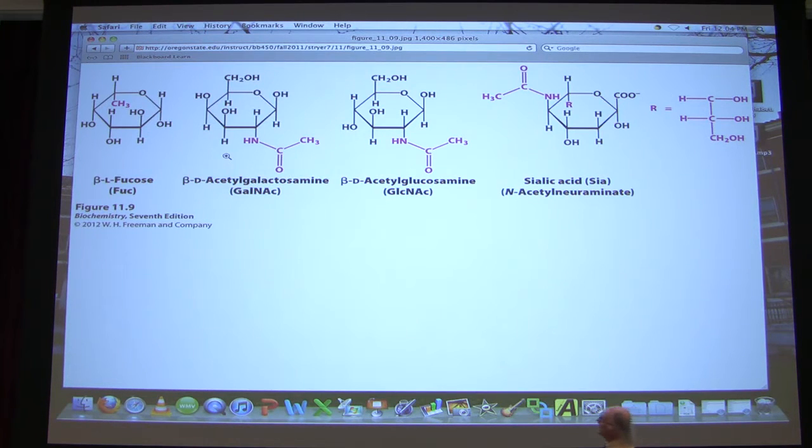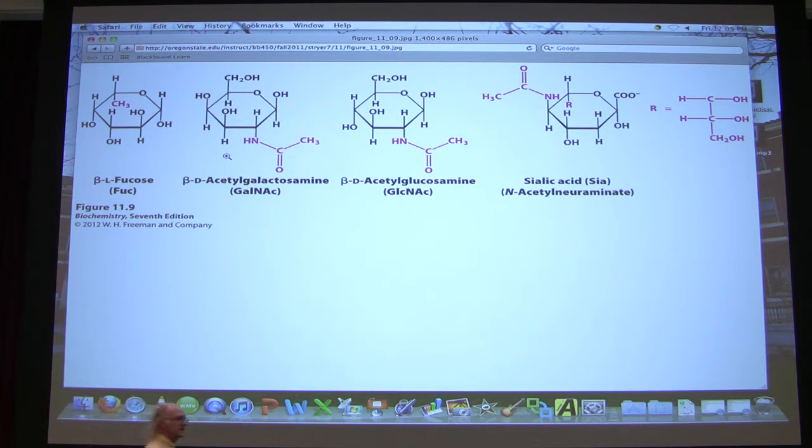There are quite a variety of modifications that can happen to sugars, and no, I'm not going to ask you to know all of these in any stretch of the imagination, but I do point them out to you because you'll see them in a variety of biochemical molecules. Fucose is a modified sugar, and you'll notice that it's lacking an OH or a CH2OH on this last terminal carbon up here.